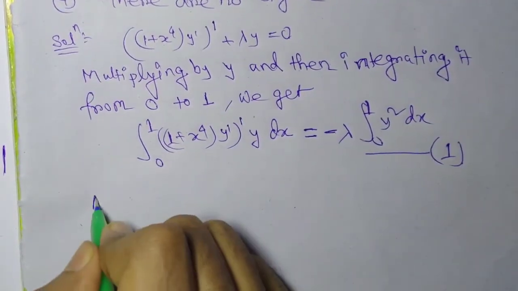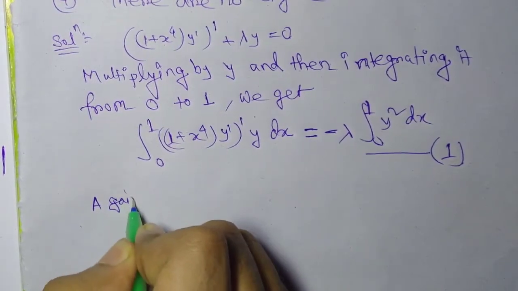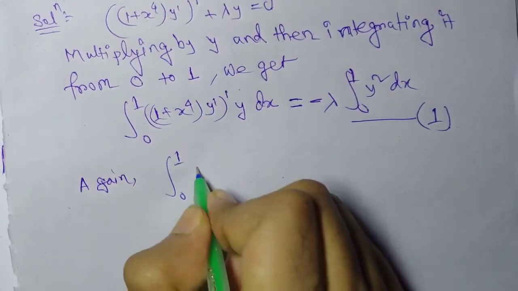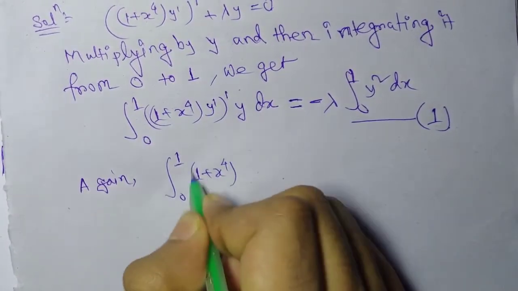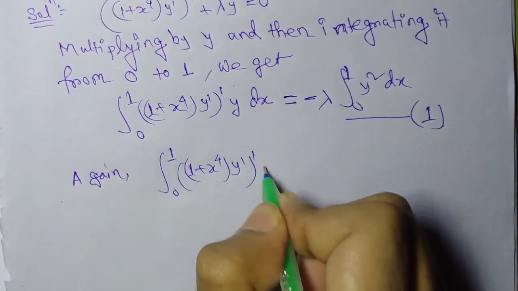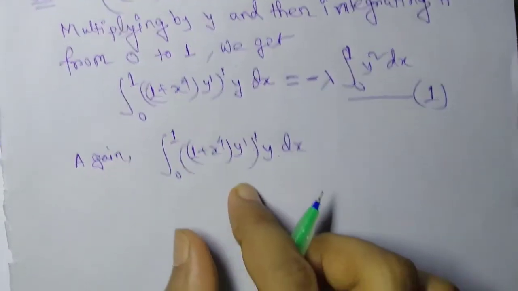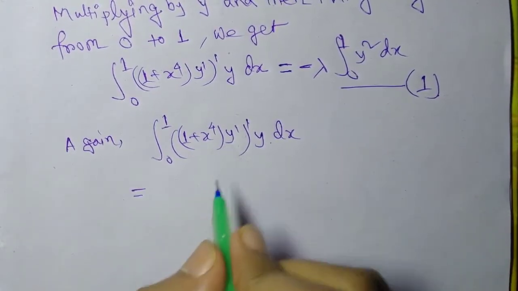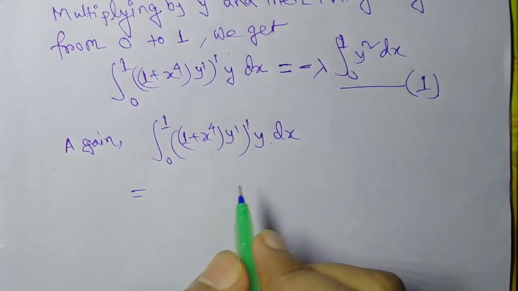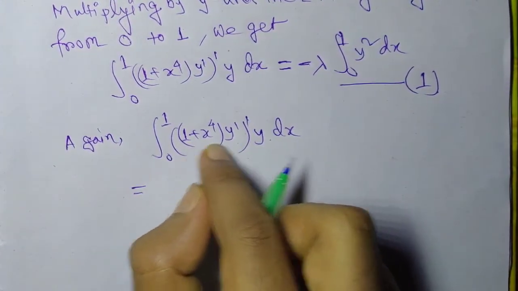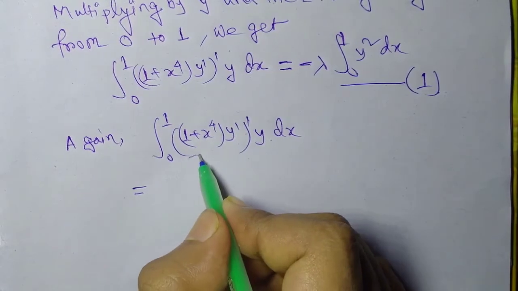Now again, we will find the value of the integral of ((1 + x^4) y')' y dx from 0 to 1 by the integration by parts method. Take u as y and v as this term.